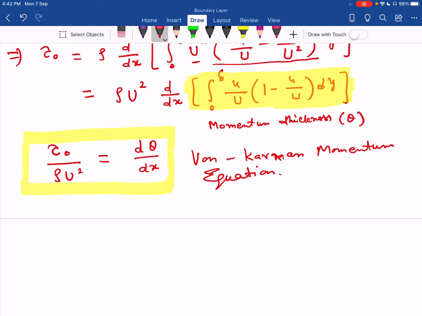This is the von Karman momentum equation, and we can use this to find out the frictional drag, that is delta Fd, on the plate for both laminar as well as turbulent boundary layer. So this is used for determining the frictional drag on the plate.